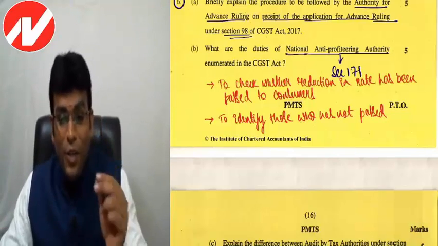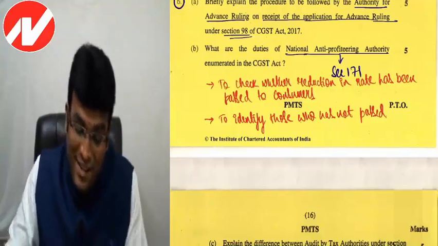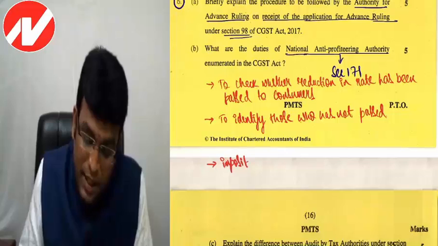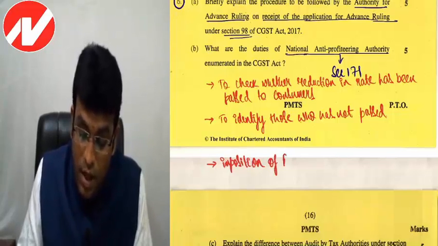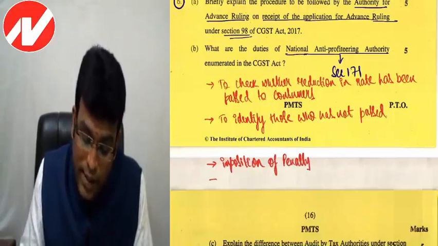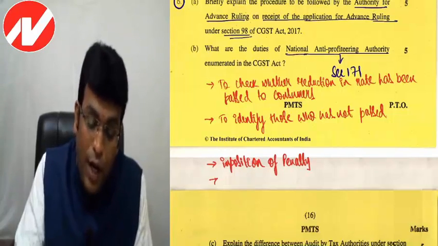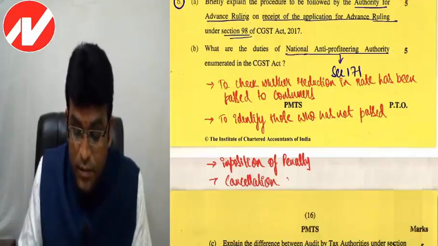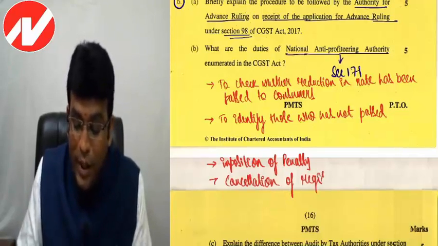Second, to identify those who have not passed. Then they can also do imposition of penalty. And one more crazy point they'll do, let me tell you, they have got power for cancellation of registration.